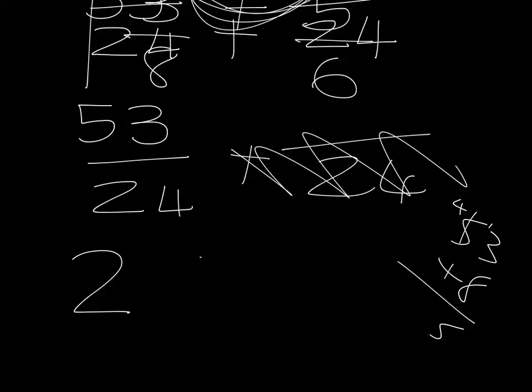So it would be 2 and 5 over 24. So we still keep our same denominator. Can we make that any smaller? No, we can't. So the most important thing to remember when you're adding: get a number that your denominators can both go into, and then they don't change. They stay the same.